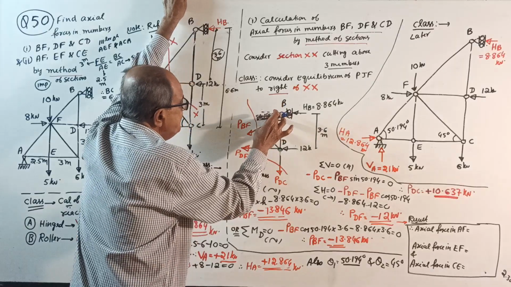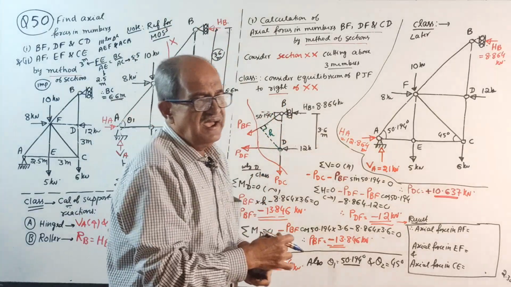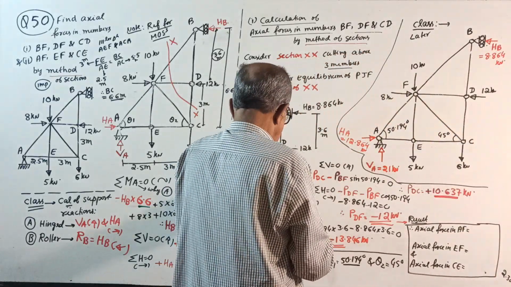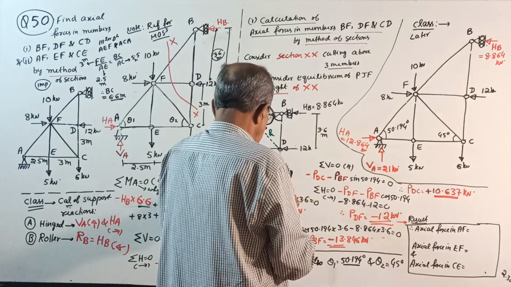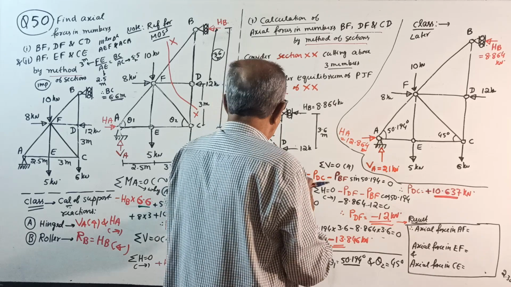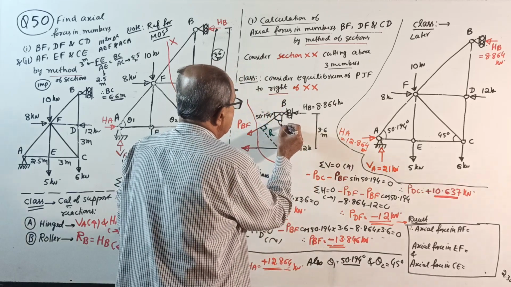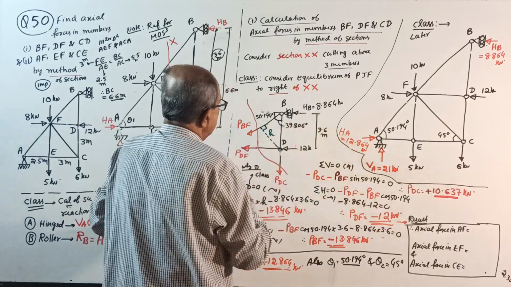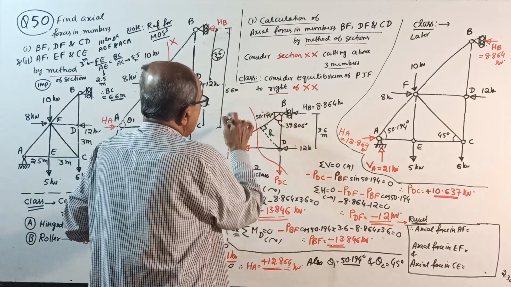See, this is 50.194. That angle equals 90 minus 50.194. Be careful. 90 minus 50.194 is 39 point, 39.806 degrees.